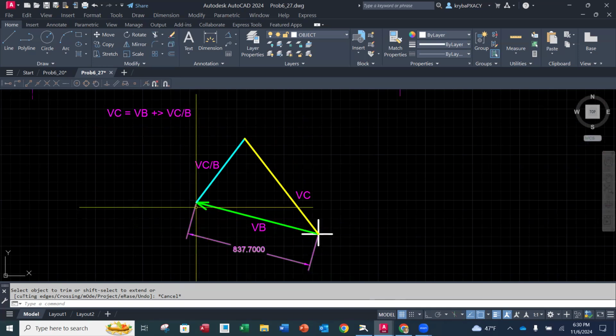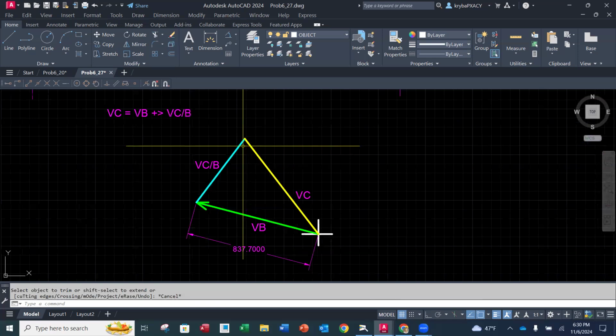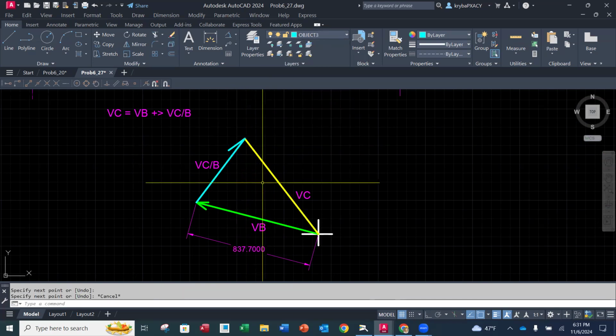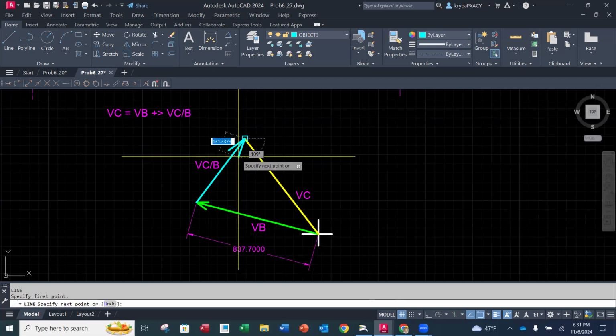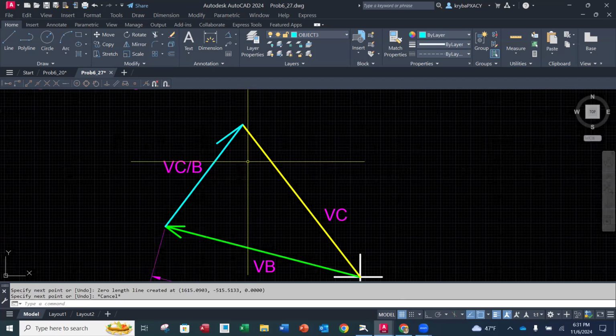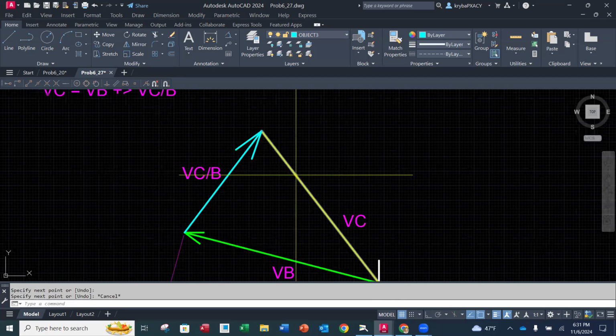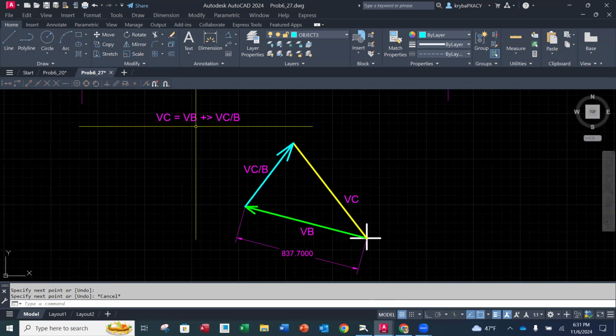We took VB plus, vectorially, VC relative to B. So that means the arrowhead, or the tip, of C relative to B is going to be right there. And then we cross over the equal sign.